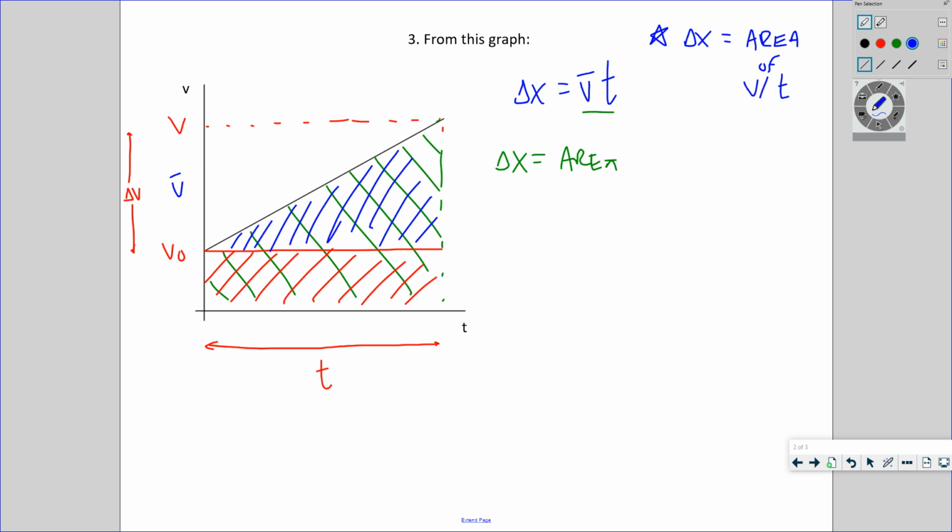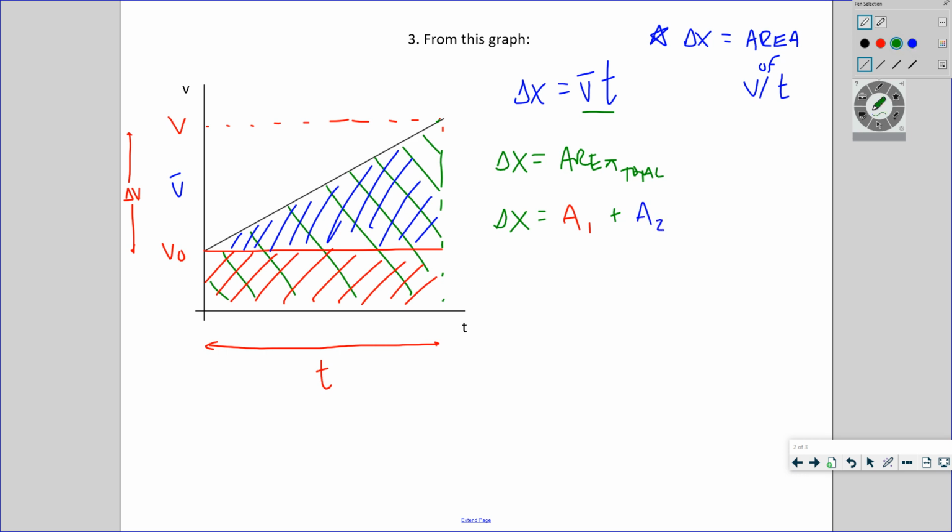How about I say area total. And so this delta x, I'll call it area 1 plus area 2 to stay with my color coding.